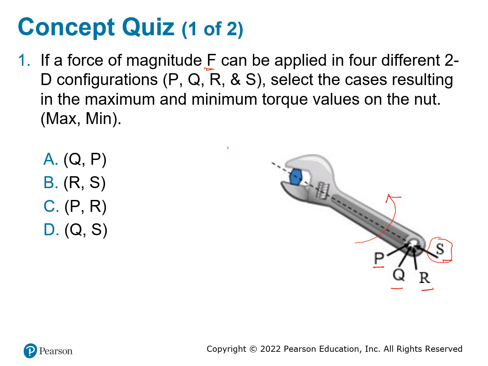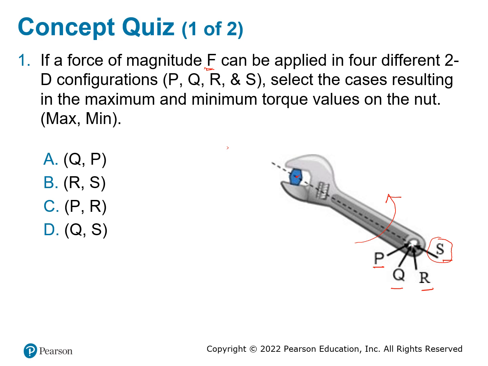Because if you want to create a moment, you need to have a perpendicular distance, where you extend the line of action, and the reference point is going to have a 0 perpendicular distance from your line of action.